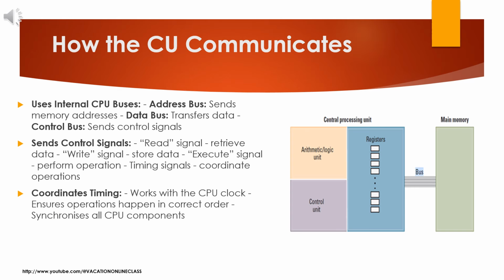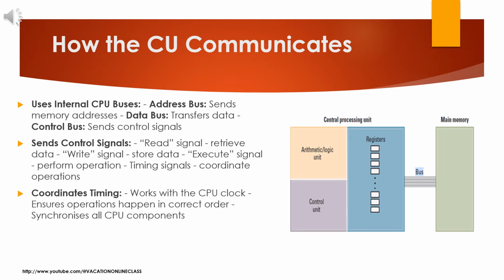Now that we know what the control unit does, let's look at how it communicates with the rest of the system. First, it uses the internal CPU buses, which act like the CPU's internal highway system.